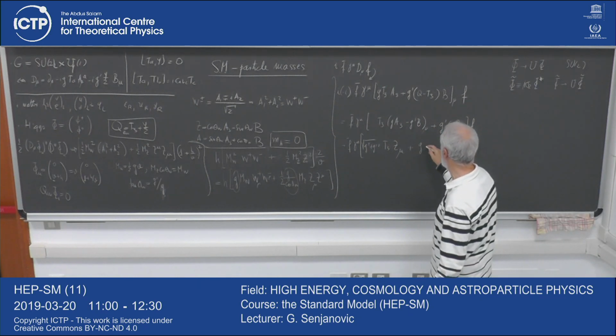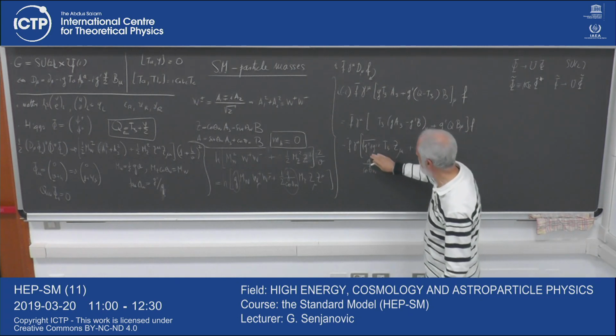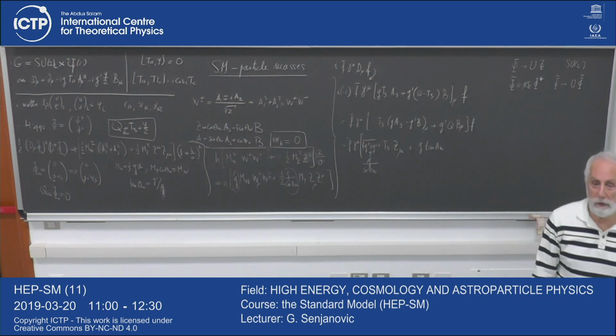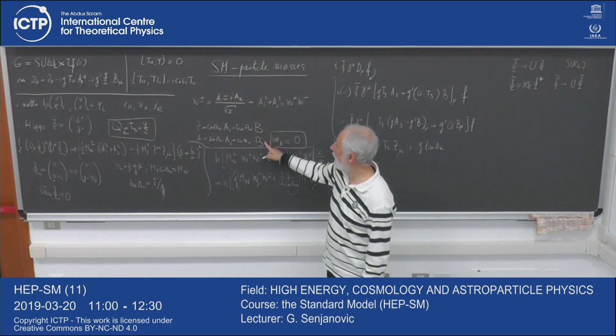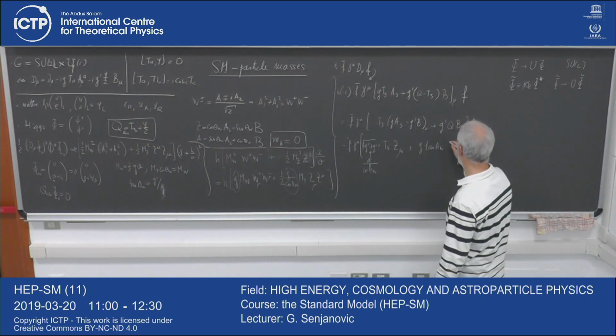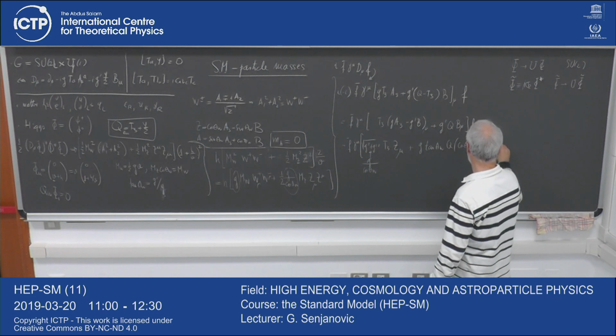Let me write g′ as g tangent θ_W. And this, by the way, I could have written immediately. This is g over cosine θ_W. Agree? By definition. And what is B? I read it off from here. B is cosine θ_W A_μ minus sine θ_W Z_μ.